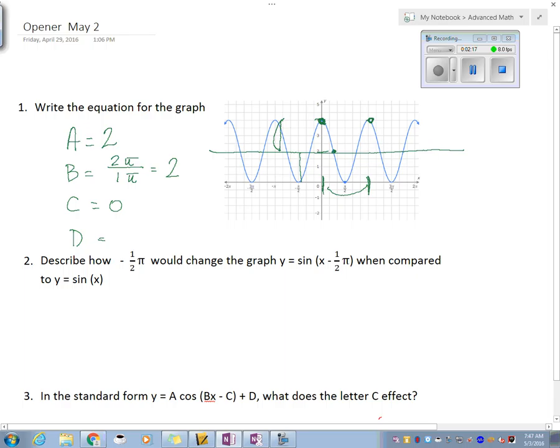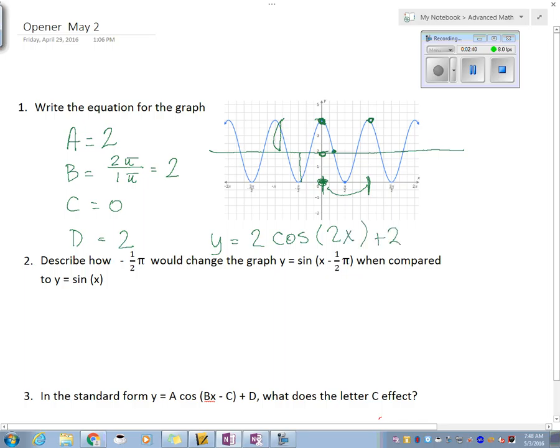So how many units is it from here to the new midline? It is 2. So now that I've established the value of all those letters, I can write my equation. Y equals 2 cosine of 2x plus 2. And that would be your equation.